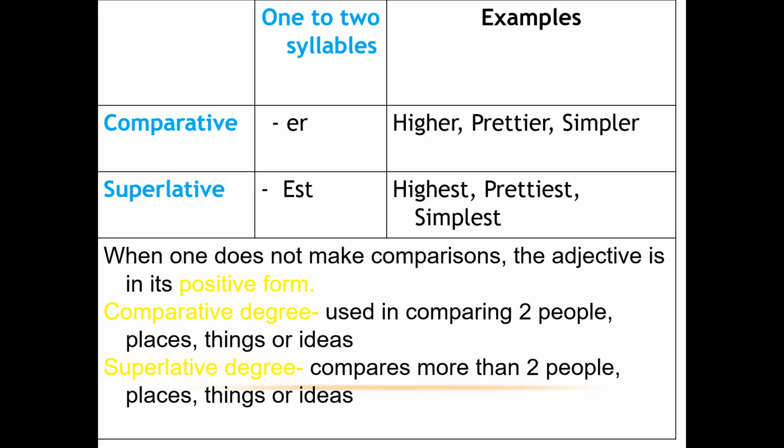Okay, we're comparing two pairs of shoes. And then superlative, this is the prettiest face. Her face is the prettiest face I've ever seen. So among a big number of people, siya yung prettiest face. Okay, so superlative. That's easy peasy. No need for further explanation.